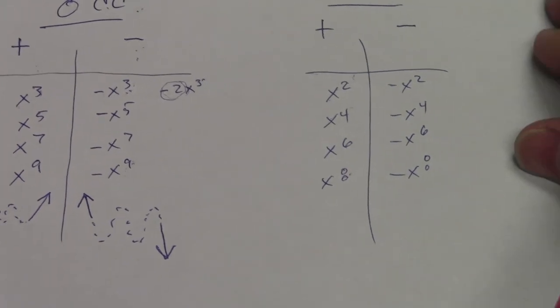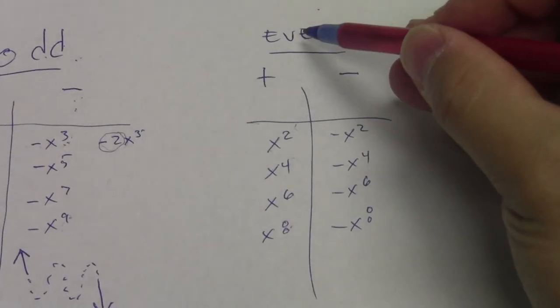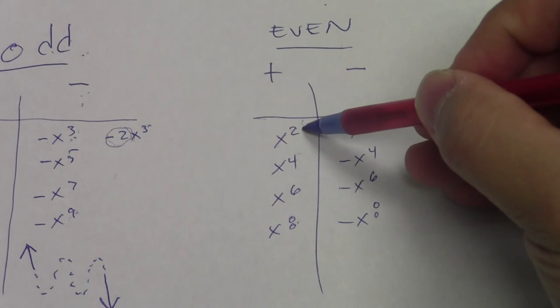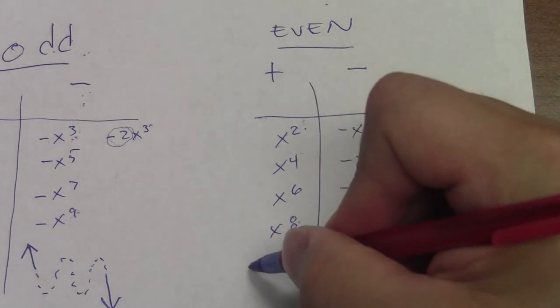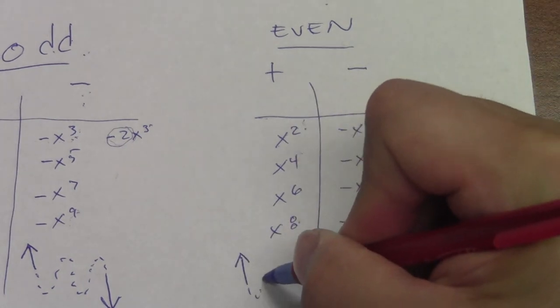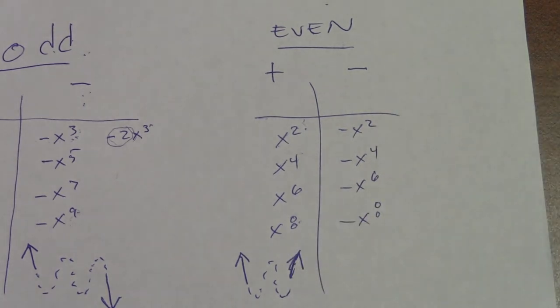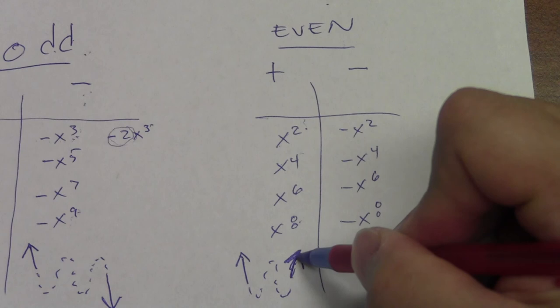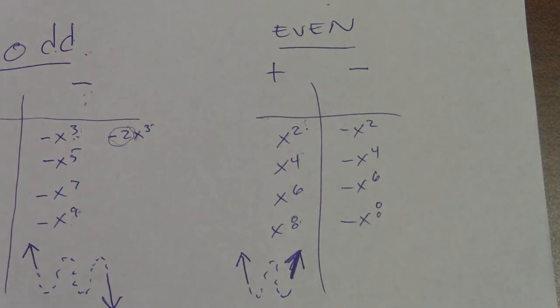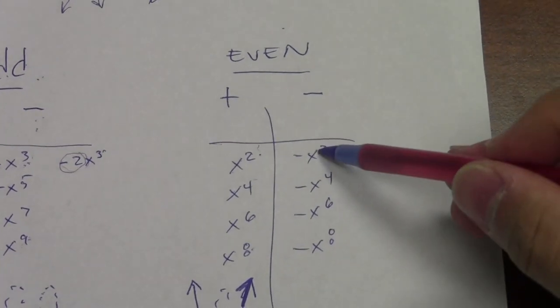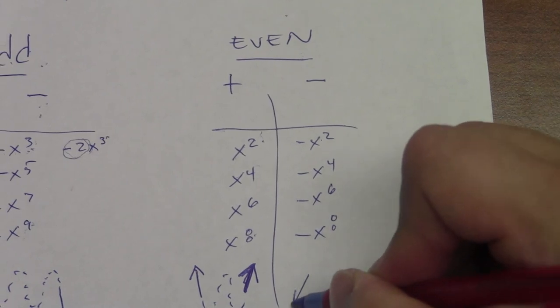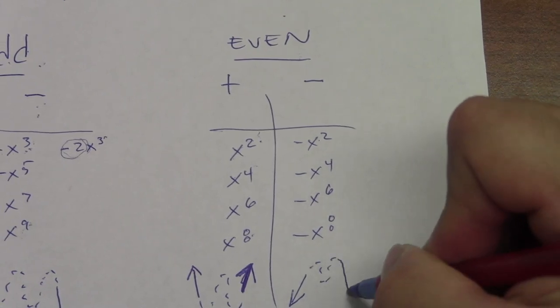Even: if it's positive, it's going to point up, do whatever it needs to do, and point back up. Let's make that better. There we go, point back up. If it's negative, it's going to point downwards, do whatever it has to do, and then point back down.